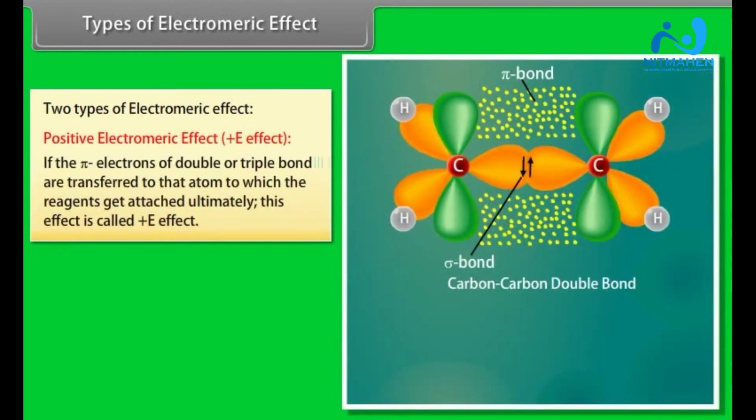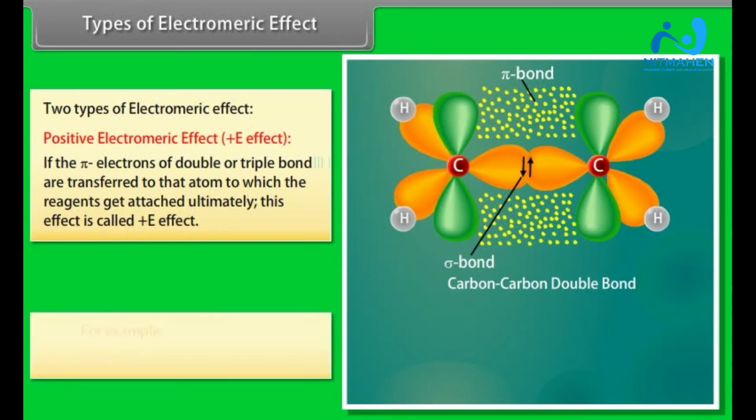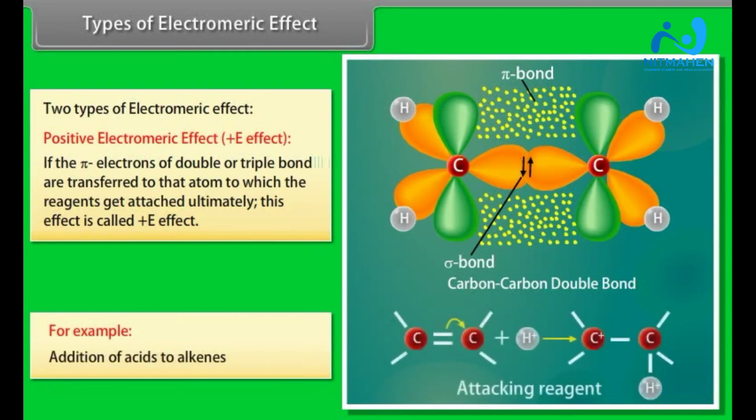Positive electromeric effect, positive E effect. If the pi electrons of the double or triple bond are transferred to that atom to which the reagent ultimately gets attached, this effect is called positive E effect. For example, addition of acids to alkenes.